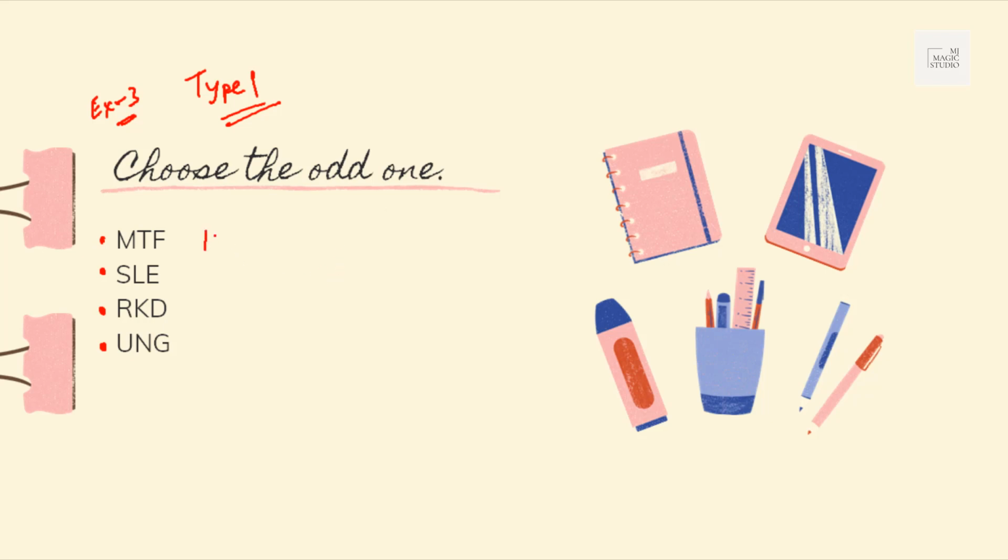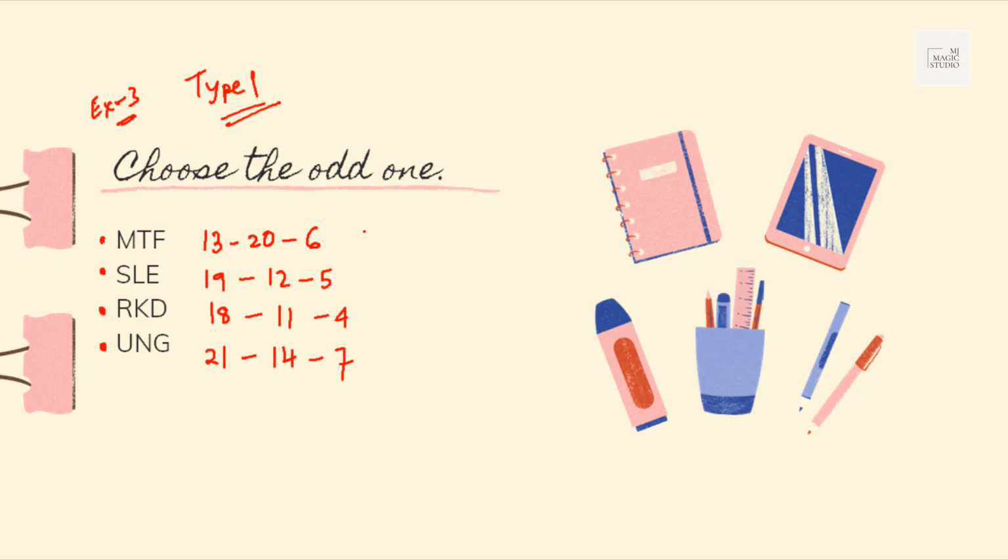So M is 13, T is 20th, and F is 6. So S, L, E: 19, L would be 12, E is 5, R is 18, K 11, D 4, U 21, N 14, G is 7.